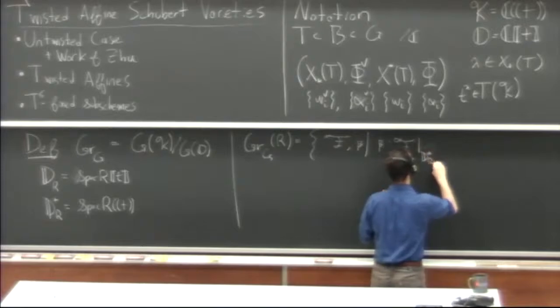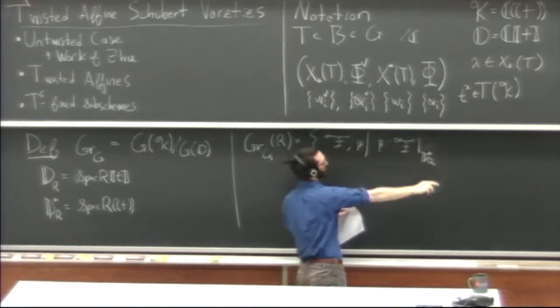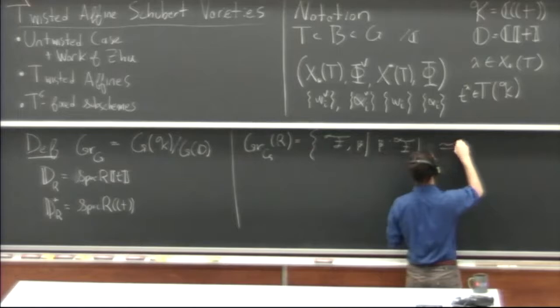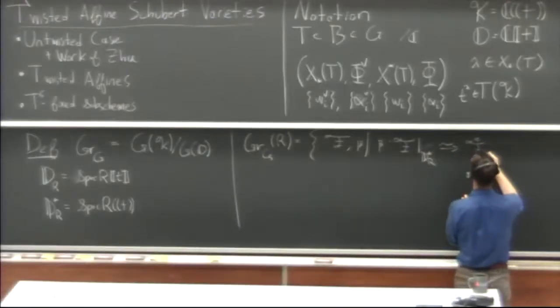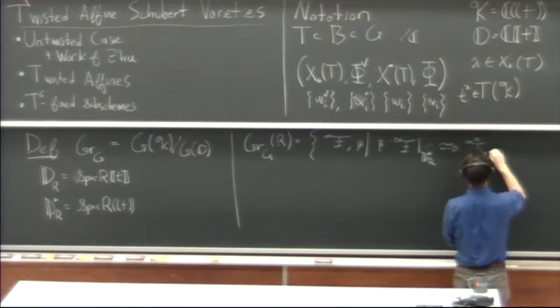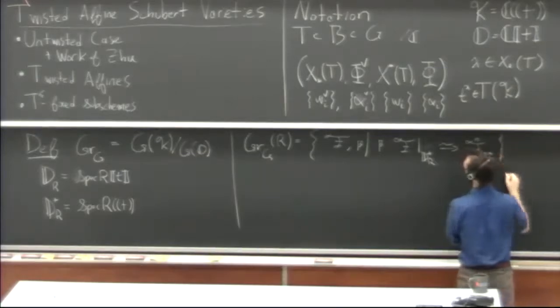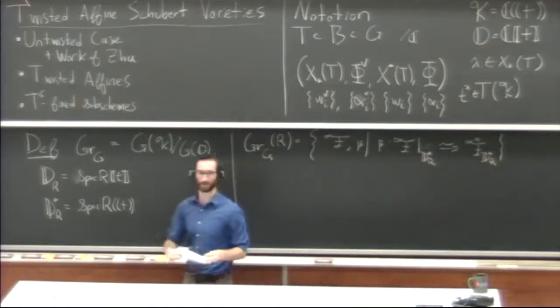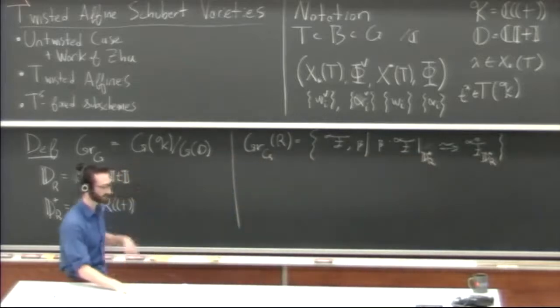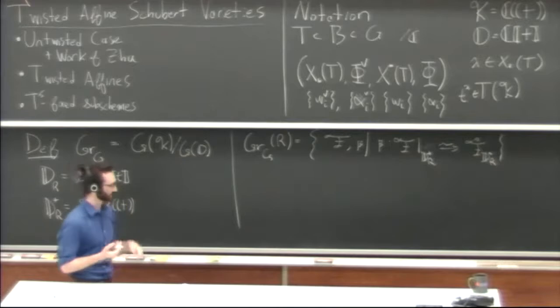So when I restrict F to the punctured disk, it's going to be isomorphic to F naught, the trivial G torsor on the punctured disk. I just write this not because we need it so much right now, but because constructions of this nature will come up later, and this is the setting in which we want to be working.